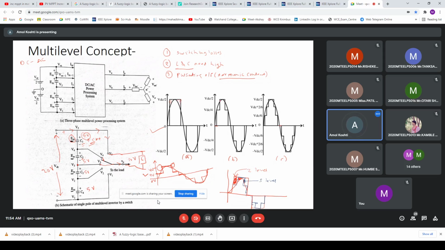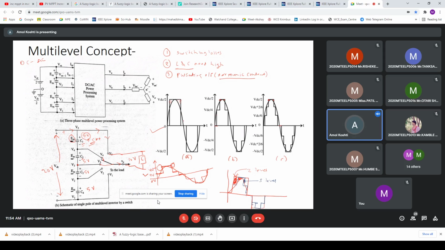So here, what is the unwanted part? Here the unwanted part is this. Here there is also an unwanted part. So now you can just guess from this. So the size of the filter is reduced.